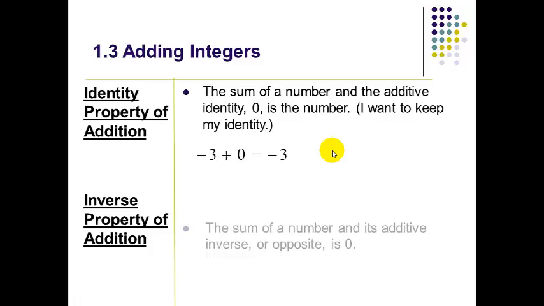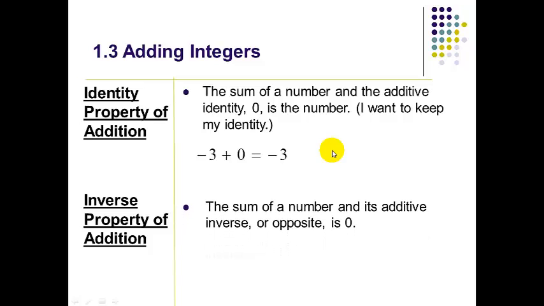So what can I do to undo what I've done? So let's look at this example. I give you $5. What can I add to undo that? So I'm going to add a negative 5. Oh, now I'm at 0. So it's like nothing ever happened.